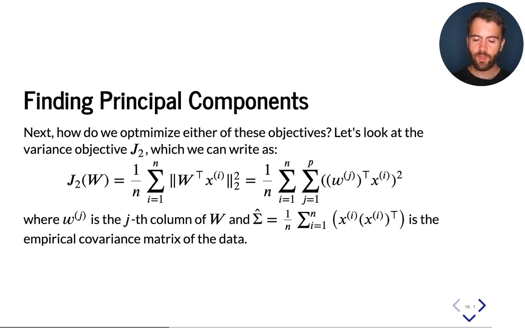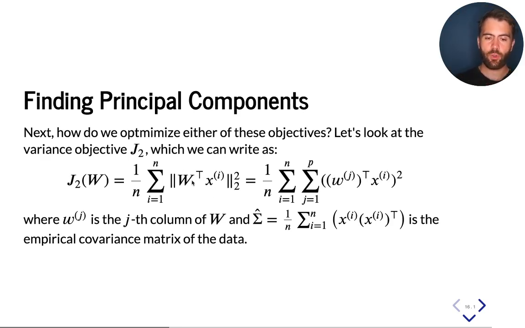So I have defined now two objectives for principal components, and the question is now, how do we optimize either of these objectives? We can choose either, and we're going to choose the one that performs variance maximization. We're going to choose J2. And recall that this is the form of J2, and here I'm just writing explicitly what this means.